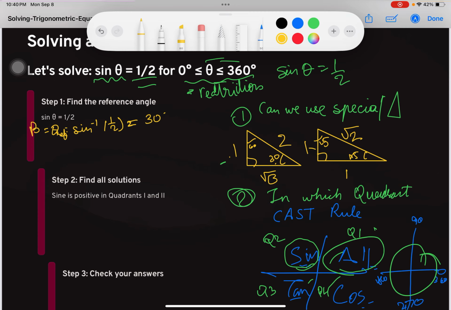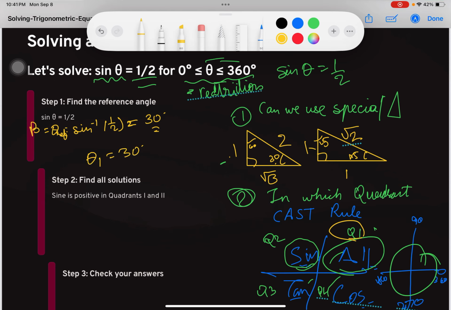Then you have to see whether this reference angle is my solution. Sometimes my reference angle is also a solution, only when it lies in quadrant 1. Here we know there are two solutions for theta, one in quadrant 1 and one in quadrant 2. 30 lies in quadrant 1, so yes, this is a solution. So the first theta value is 30 degrees.